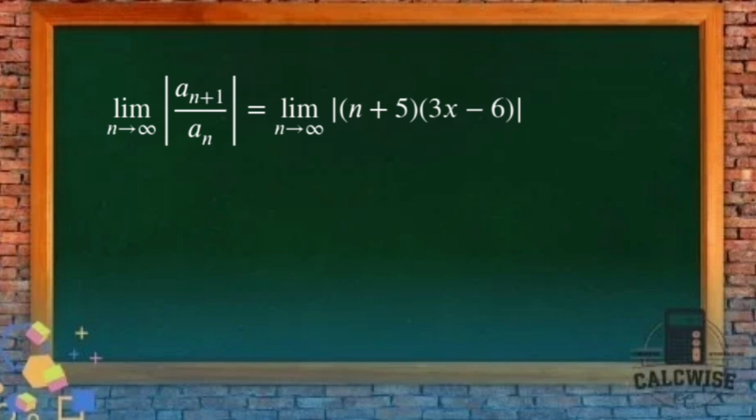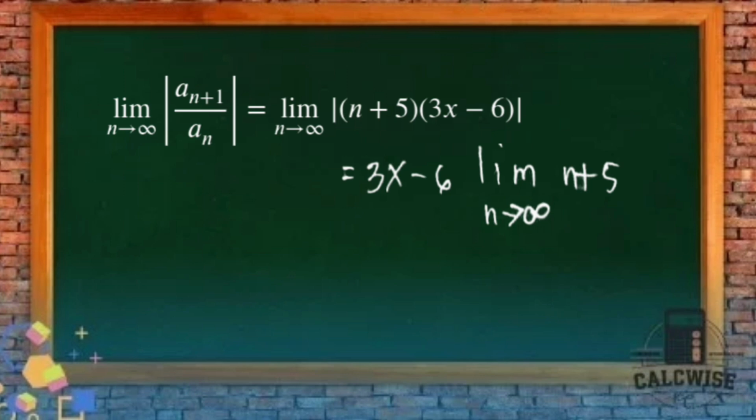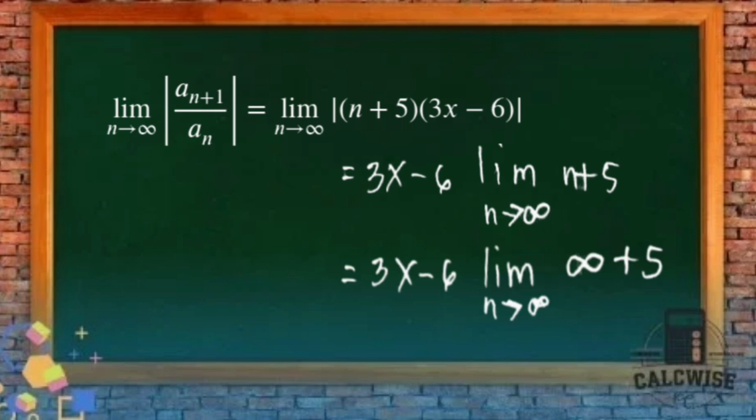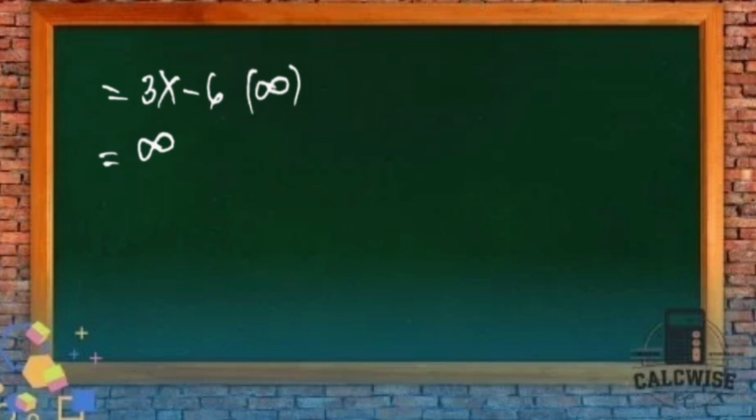The next thing that we're going to do here is put this 3x minus 6 in front, as the limit of n plus 5 as n approaches infinity. If we substitute n with infinity, infinity plus 5 is infinity, and 3x minus 6 times infinity is equal to infinity.